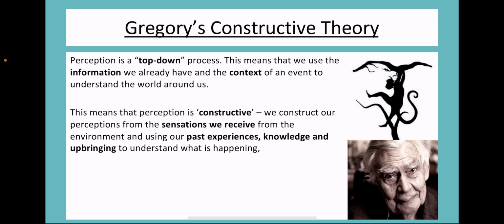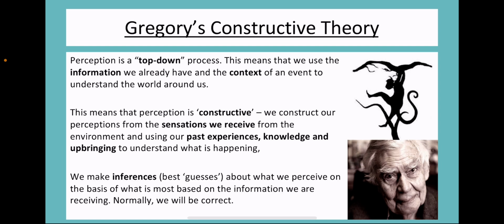Construct basically means to build. So essentially we're going to build a perception from the knowledge that we have. That's our past experiences, our knowledge, our upbringing, and we're going to combine that with the sensations in the environment to make a construction of a perception in order to understand what is happening.